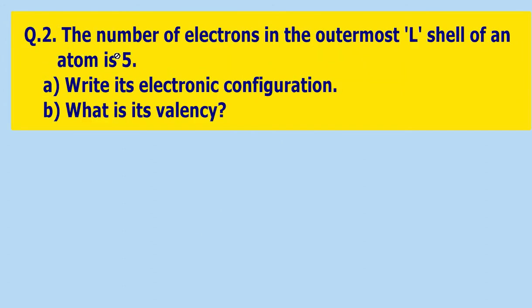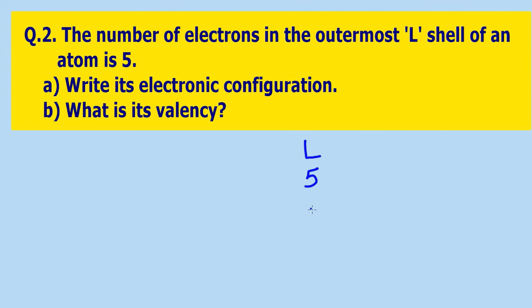So this is the answer of this question. Second question. The number of electrons in the outermost L shell of an atom is 5. Write its electronic configuration. What is its valency? So what is given here? It is given that L is the outermost shell and in L shell 5 electrons are present.